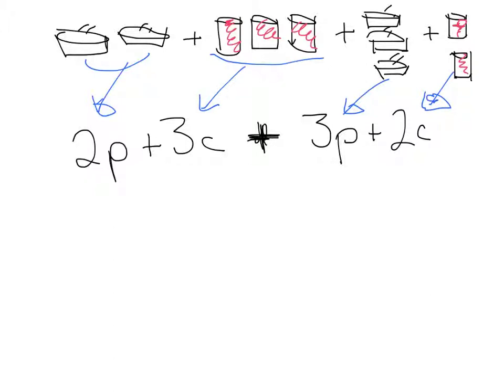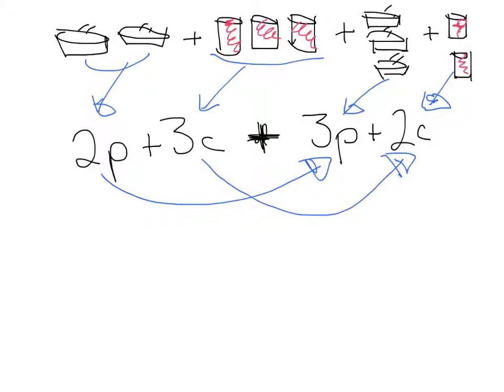3 pies, 2 Cokes. Well, we know that pies and Cokes are completely different things. So what we do is we add together like items. So if someone says, I need you to get 3 more pies, pies add together and the Cokes add together.